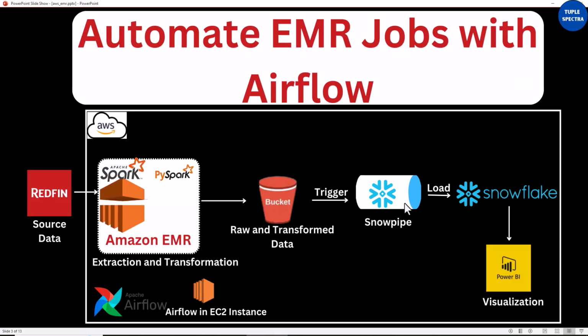If you go back to our architecture, you can see that we want to implement a situation whereby when that file lands in the S3 bucket, we trigger Snowpipe to perform a copy command to load that data inside Snowflake, and then also connect Power BI to Snowflake. So guys, that is going to be your assignment for this project.